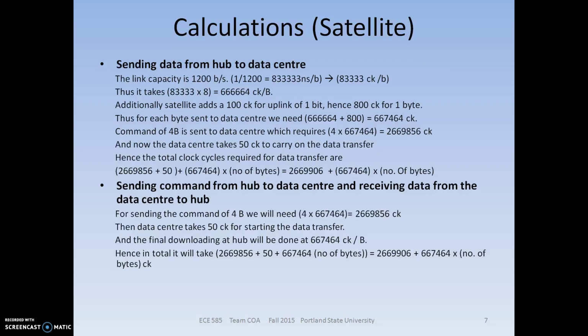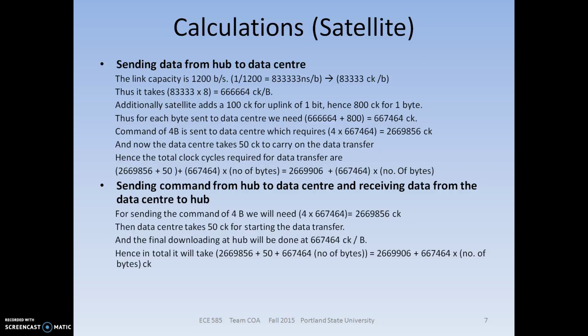Additionally, satellite adds 100 clock cycles for uplink of 1 bit, hence 800 clock cycles for 1 byte. Now each byte sent to data center would need 667464 clock cycles. Command of 4 bytes would be going along with it, so that would be added in it, and it would give you 2669856 clock cycles.